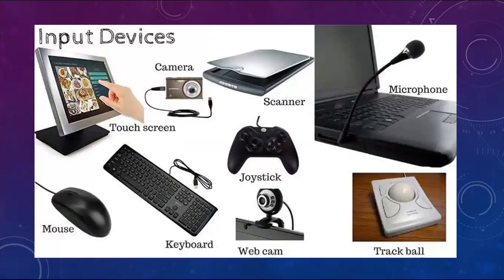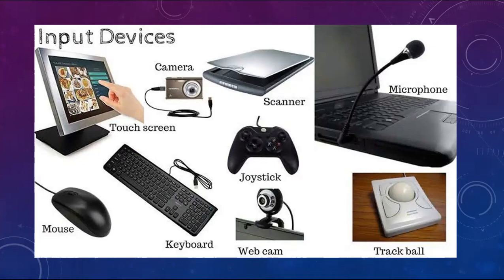And there are other devices like the joystick, the camera, the touch screen, the scanner, the microphone, the trackball, mouse, keyboard, webcam. All these devices are input devices because they can send information into the computer.